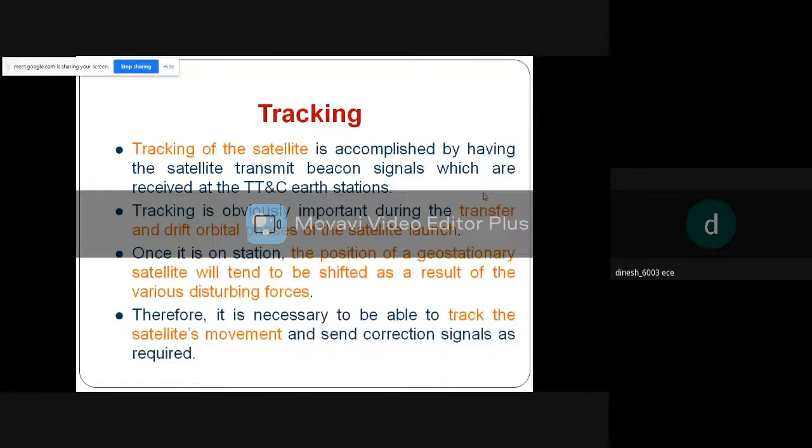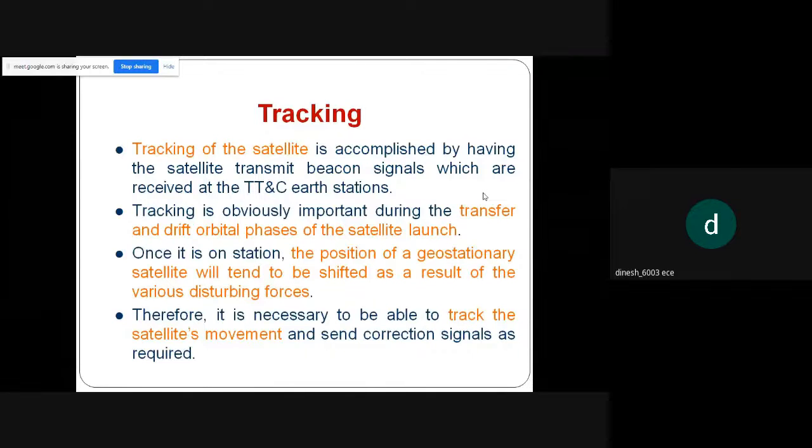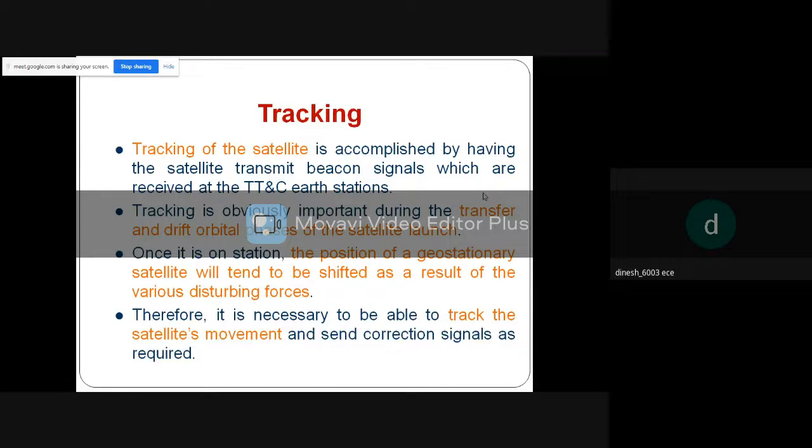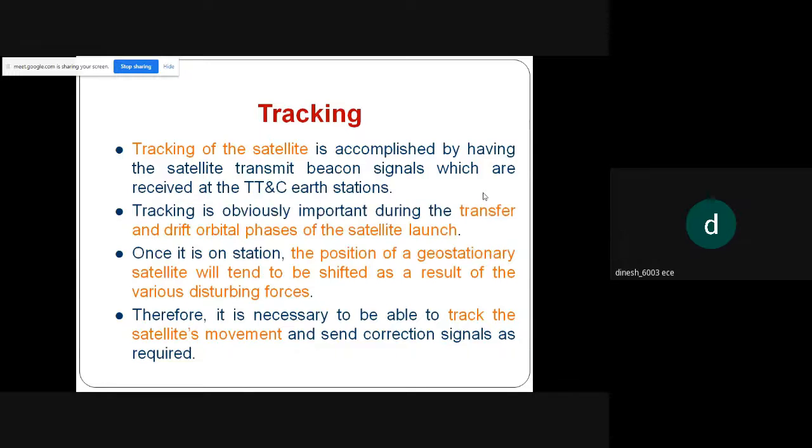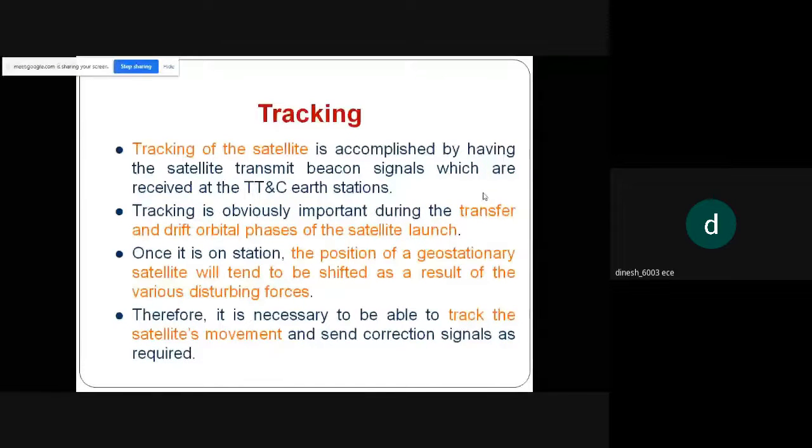So after telemetry, tracking of the satellite is a major factor, by having the satellite transmit beacon signals that are received at TTC and Earth stations. Tracking is important during the transfer and drift orbital phases of the satellite launch. Once it is on station, the position of a geostationary satellite will tend to be shifted as a result of various disturbing forces.